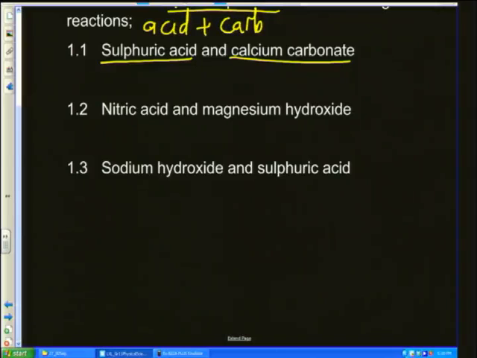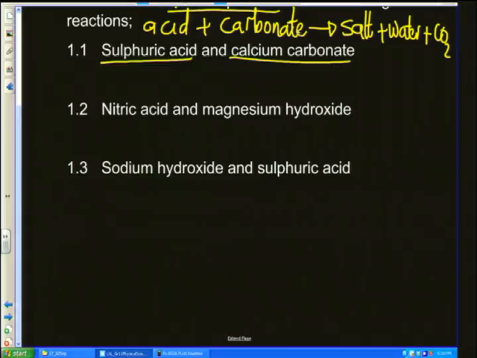I know that the product is going to be salt plus water plus carbon dioxide. Okay, so I can write H2SO4, that is sulfuric acid, plus calcium carbonate, CaCO3.